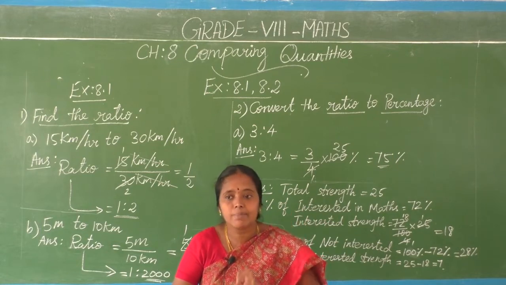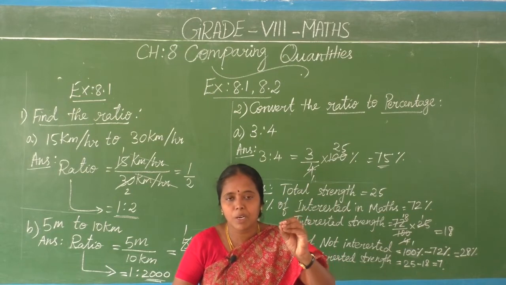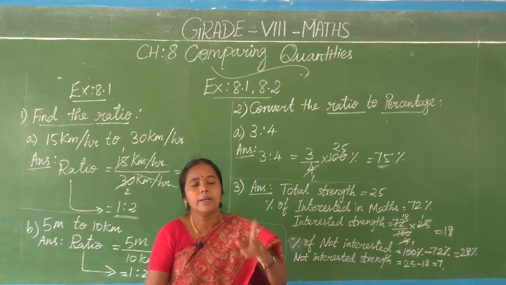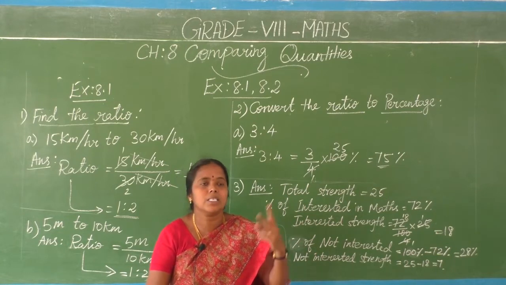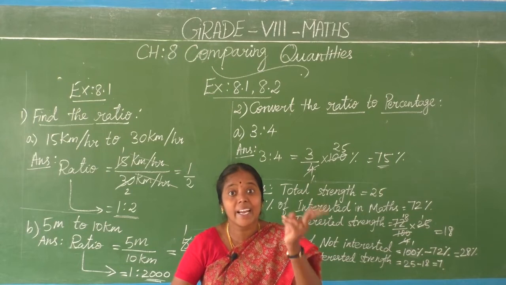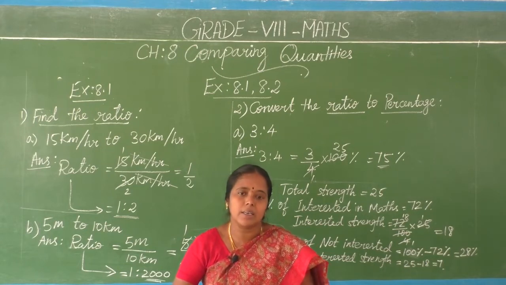For example, Rekha 40 marks, Geeta 20 marks. In comparison by division, comparing Geeta's marks, Rekha scored 2 times greater. This method is called ratio.